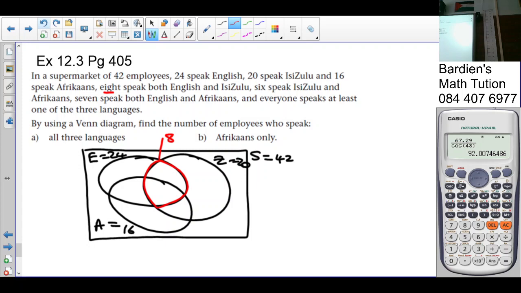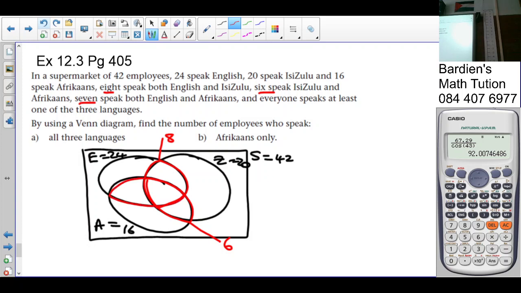Eight speaks both English and Zulu. 6 speaks Zulu and Afrikaans. Maybe that part there, 6. Not so? 7 speaks English and Afrikaans.